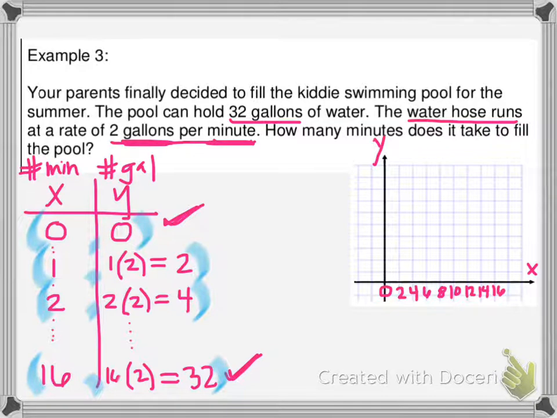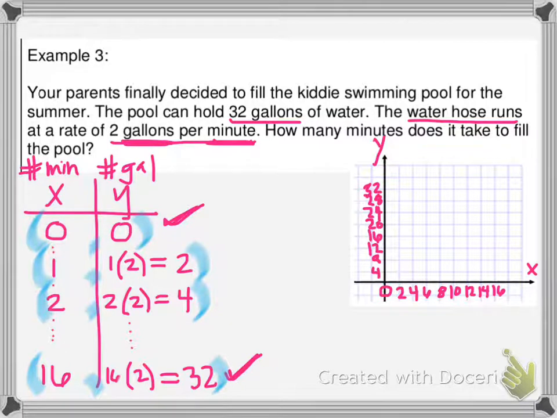And then our y's need to go from 0 to 32, so maybe we count by 4s: 4, 8, 12, 16, 20, 24, 28, up to my 32. Those numbers are really little. All right, let's go ahead and start plotting these.